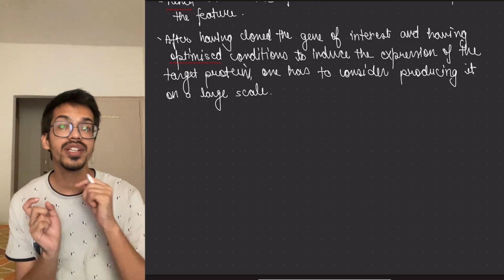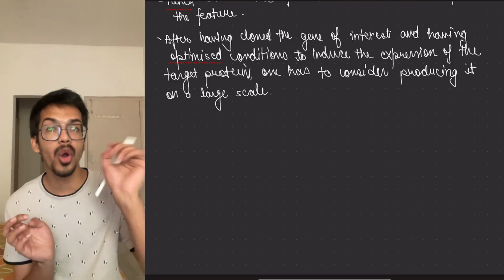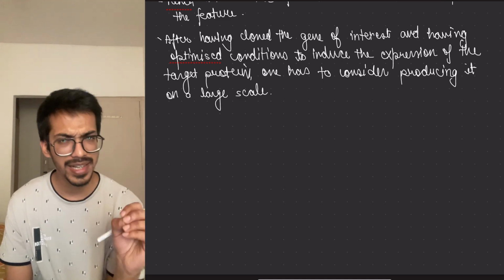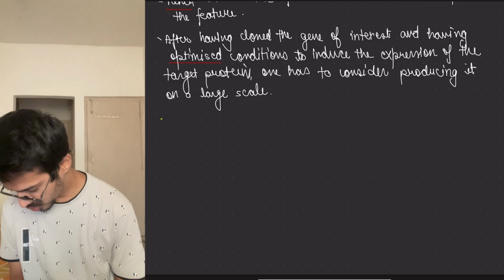They keep on increasing their population and keep the whole thing in the log phase. What is the log phase? Let's try to understand. First, let's write it up and then I will explain all that. And here comes the most important.